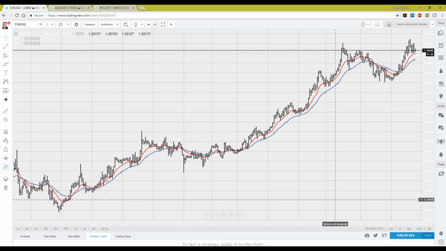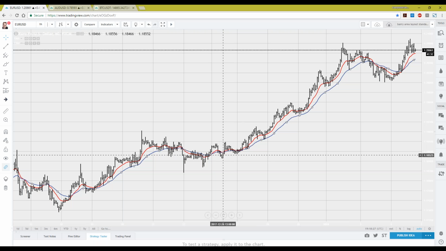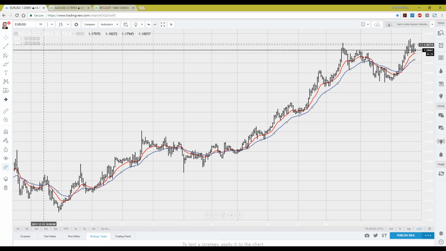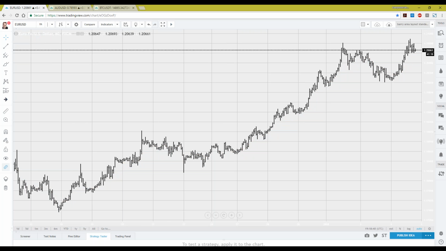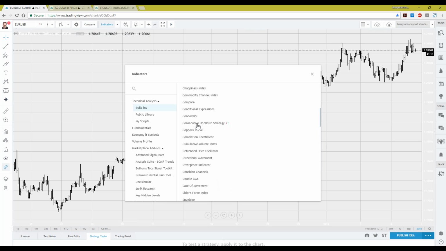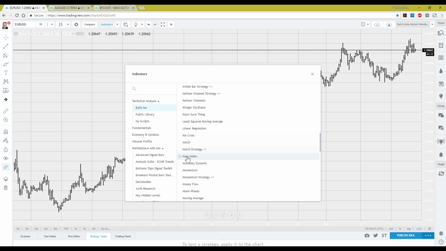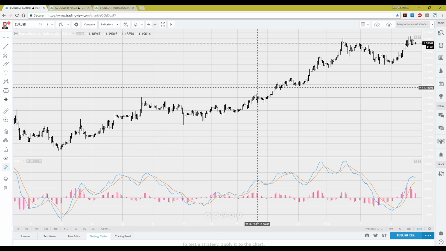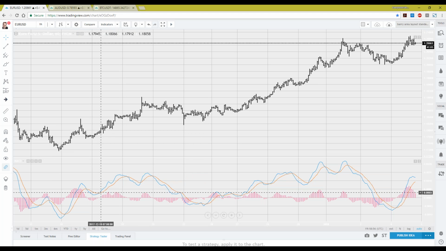So what we have right now are our blue line and our red line, our 26 period and our 9-period moving average. Now I'm going to get rid of these because we're going to add the MACD indicator onto the bottom of the chart. To save you all of those calculations, you simply go up to your indicator, scroll down to where it says MACD, or Moving Average Convergence and Divergence, click on it, and it's already done it all for you.